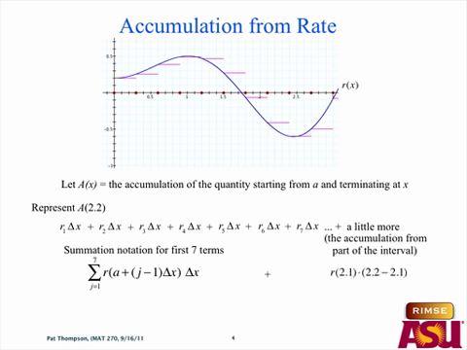So R8 is just R of the left end, 2.1. And the little bit of the interval is the difference from where we're at to that left end of the interval. Okay? And what is R of 2.1? Well, that's our R of left of 2.2.